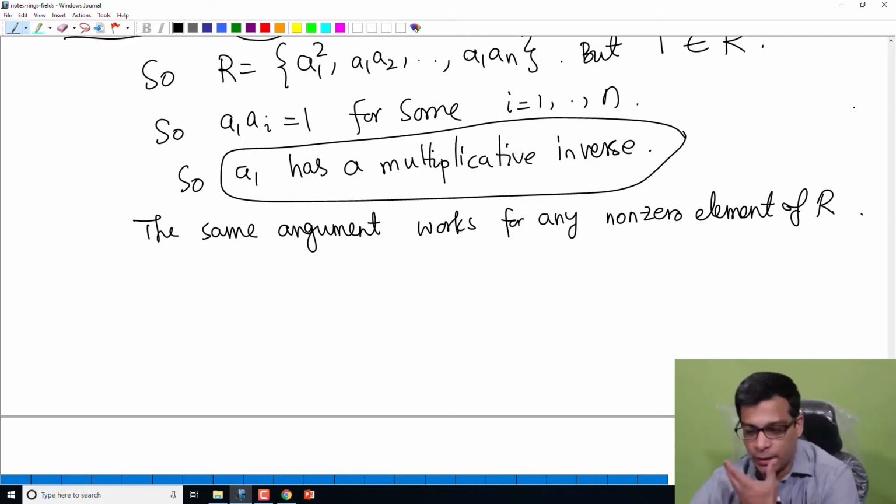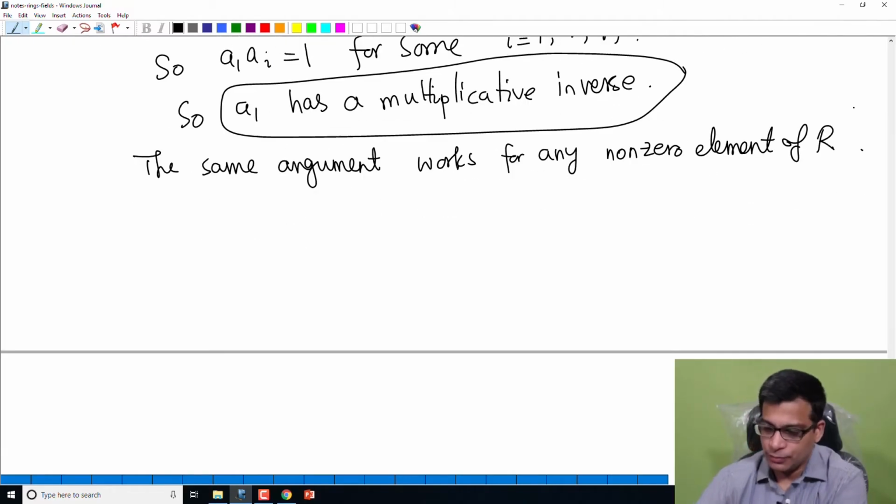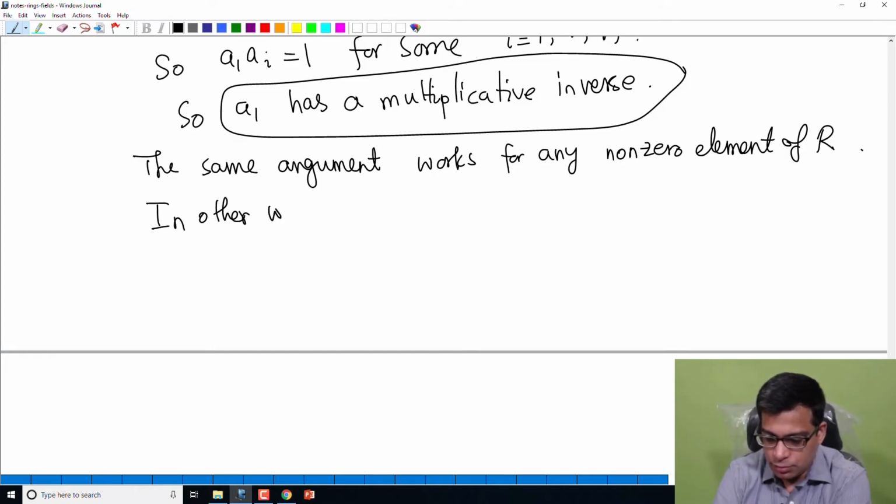We started with A1, but instead of A1, we can choose any non-zero element of R and multiply by that, argue that there are n distinct elements. So one of them must be 1, so that element has an inverse. Hence, in other words, R is a field.